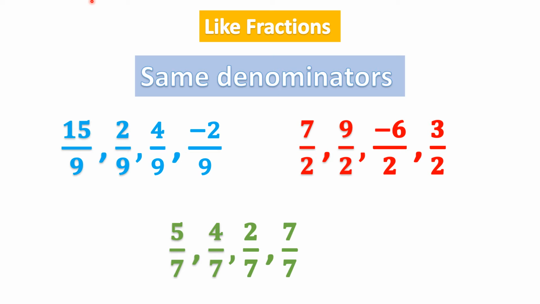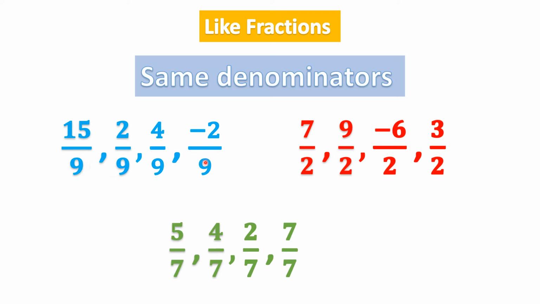So now look here, the first topic that we're going to study today is a type of fraction called like fractions, okay? So what are these like fractions? Let's see. Look at these fractions and these fractions and these fractions, the ones given in blue, red and green. All of them given in blue have one same property.